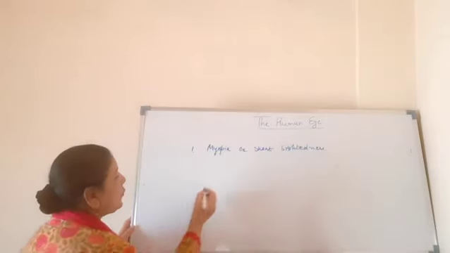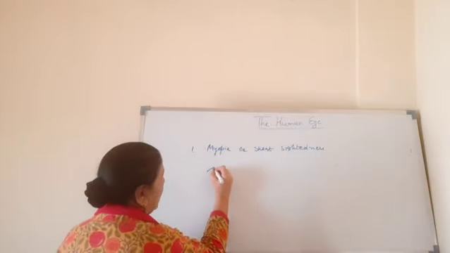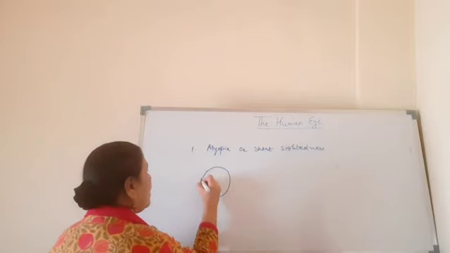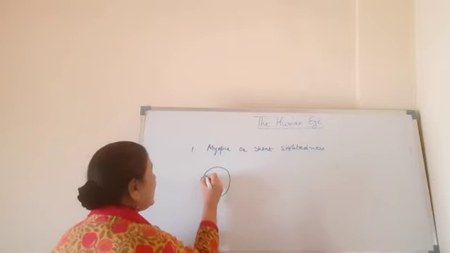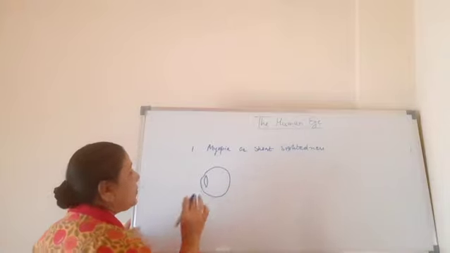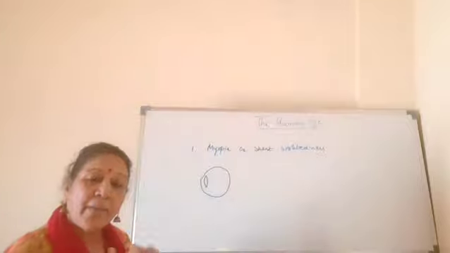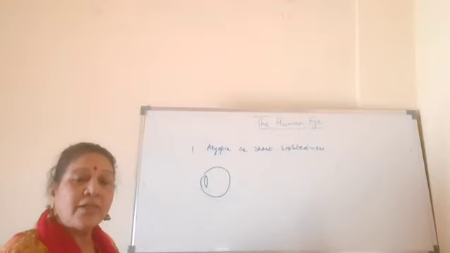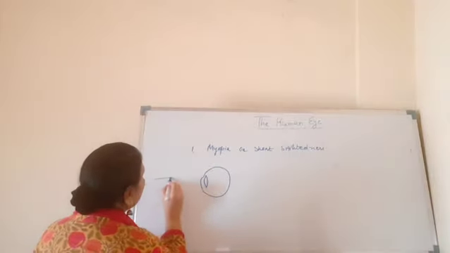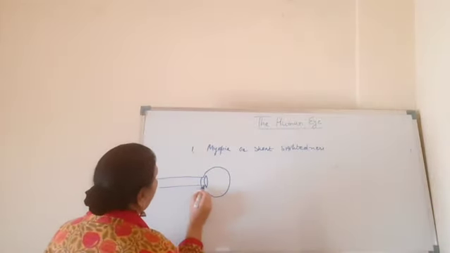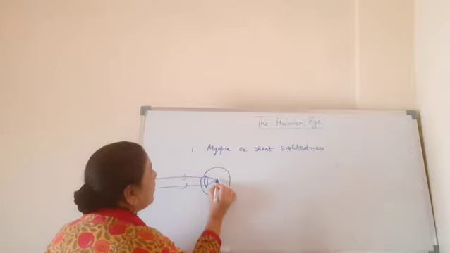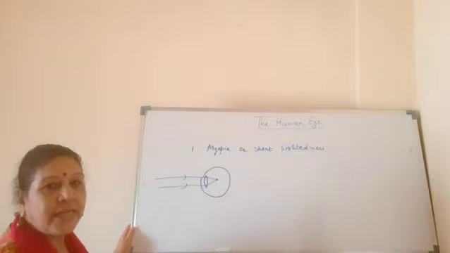For them the far point, instead of infinity, becomes a little closer or shorter. It's before infinity. So the rays which are coming parallel form the image before the retina, not at the retina.